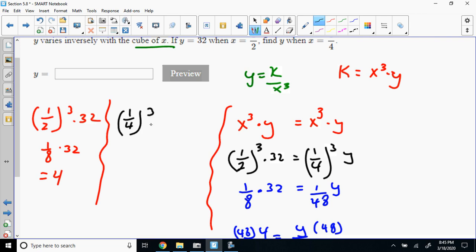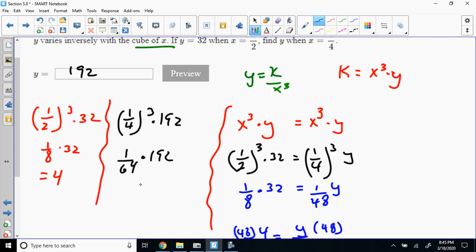1/4 cubed, and we said y was 192, so this would be 1 over 64 times 192. So basically 192 divided by 16, and I get 12.